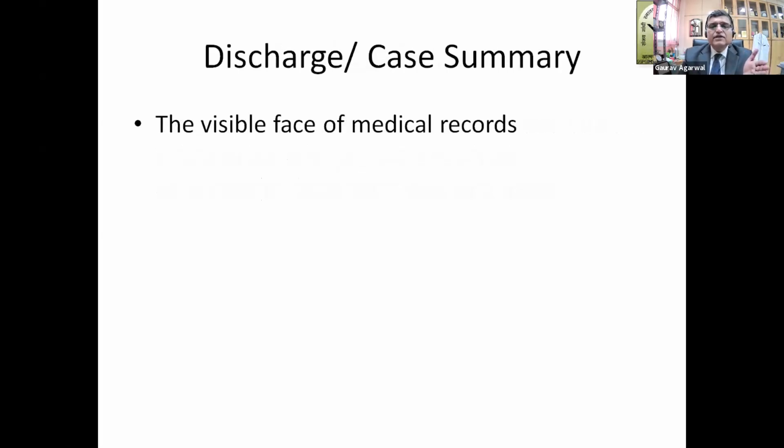And discharge summaries or case summaries are the visible face of these medical records. You may have very elaborate and extremely well kept medical records in your own institution, but the patient would not be able to see it. The outside world would not be able to see it. What the outside world and the patient and the family members would see is what you hand over to them in form of a case summary or a discharge summary.